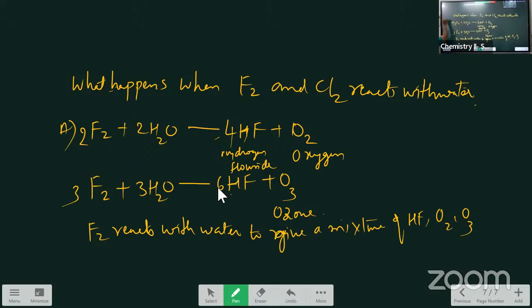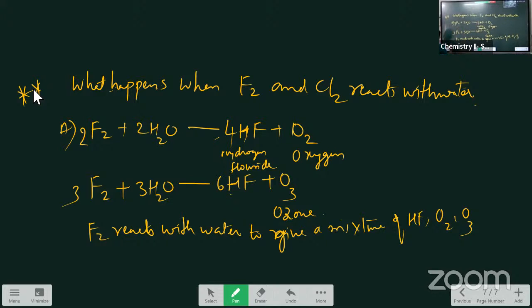This is also an important reaction. The first important reaction is the reaction of Cl2 with dry slaked lime. That is the first important VSAQ from this chapter. And the second important question is what happens when F2 and Cl2 react with water.